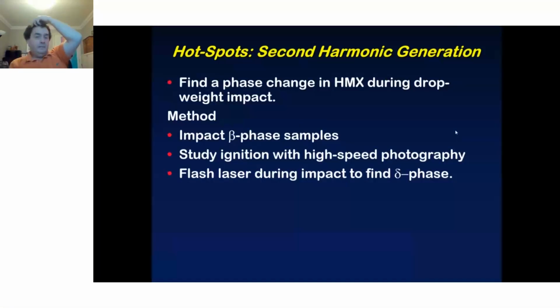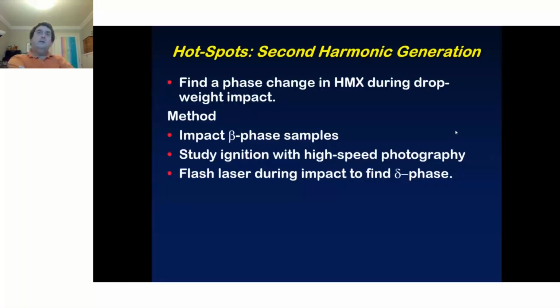So we have beta HMX, which in terms of the space group is a centrosymmetric system, and we have the delta form, which is non-centrosymmetric. That's the thing that helps cause secondary harmonic generation in this particular case. So we take our beta phase, which is inactive, we impact it, and then we flash a laser, which is in the near infrared region, at the explosive material, the impact, and the delta phase will shine up.